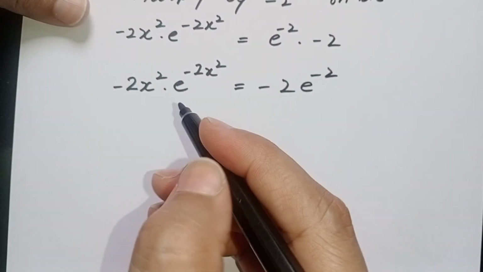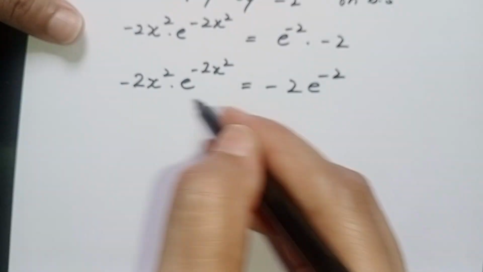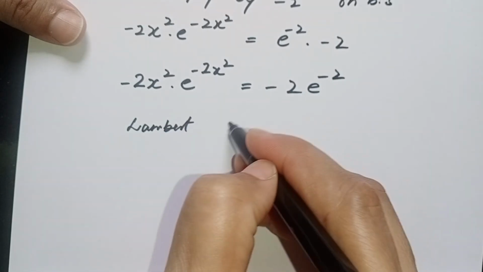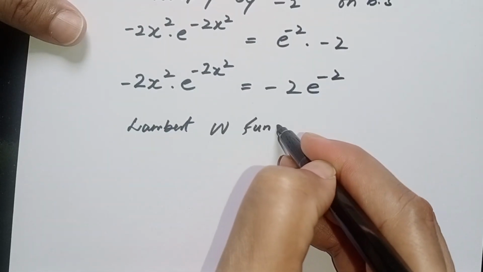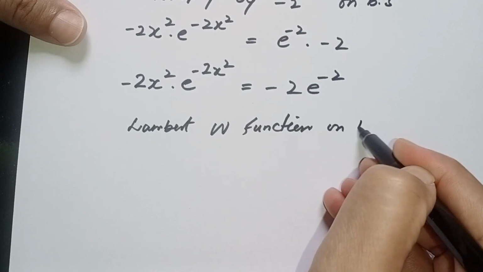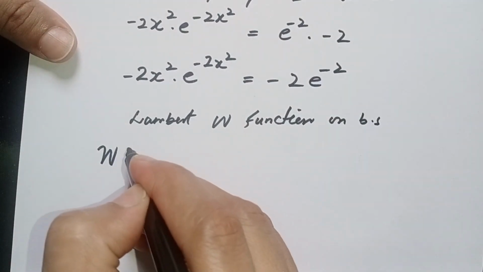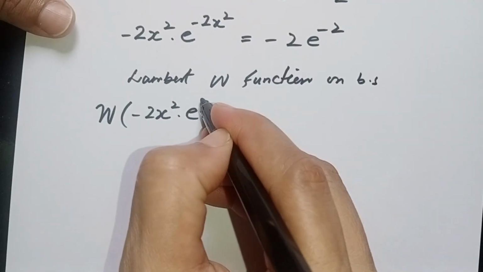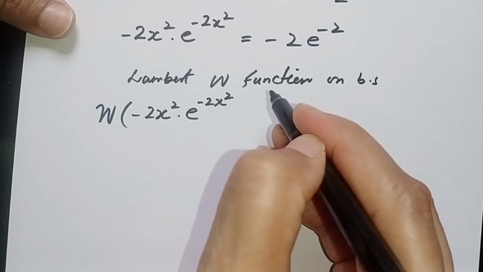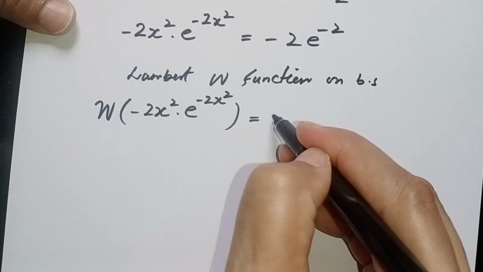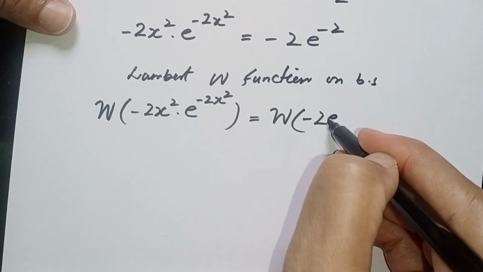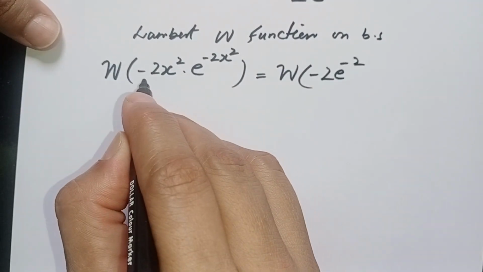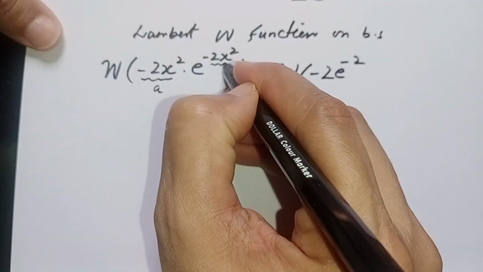By applying the Lambert W function on both sides, what will we get? Minus 2x squared times e^(−2x²) is equal to the Lambert W function of minus 2 e^(−2). Here this is our a, this is our a.